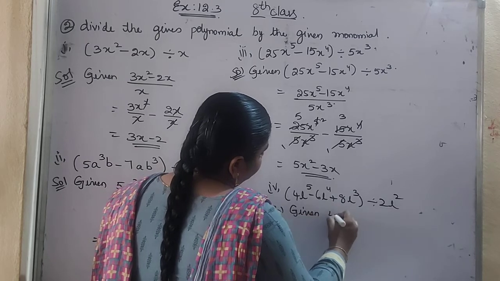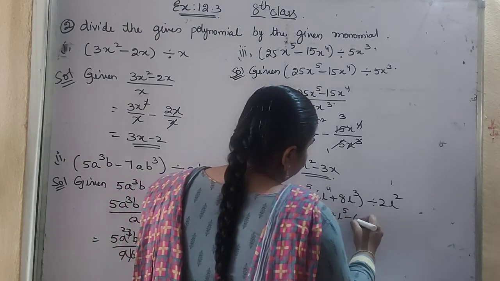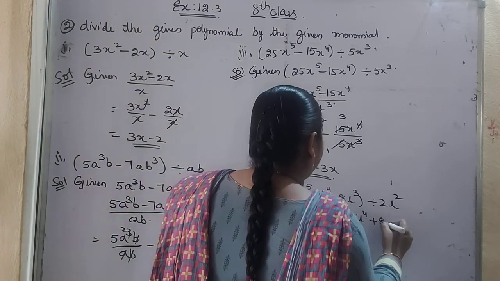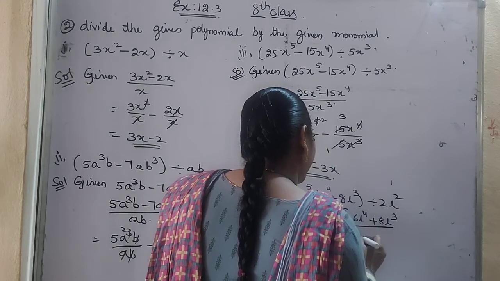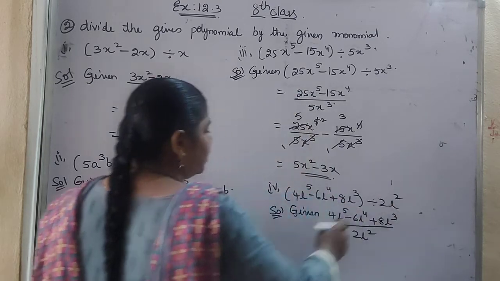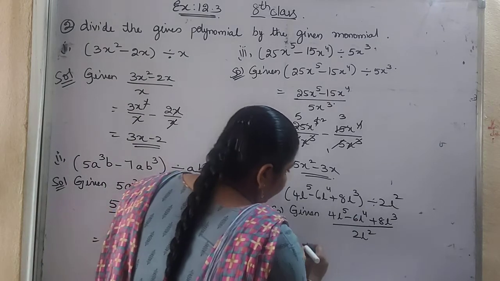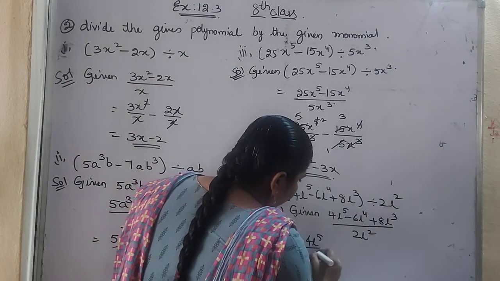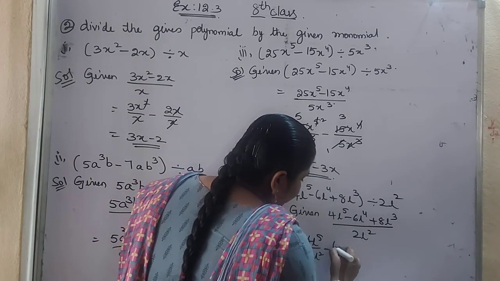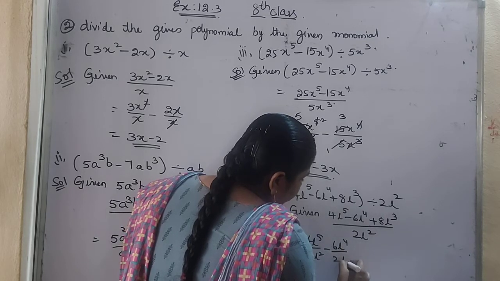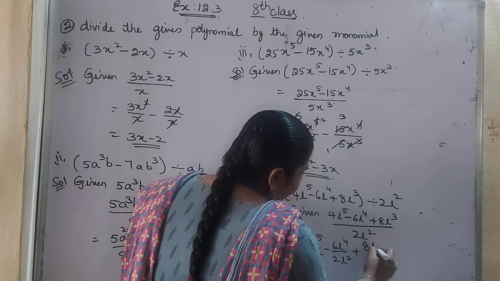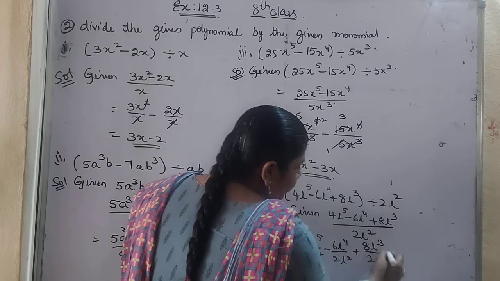So given 4l power 5 minus 6l power 4 plus 8l cube divided by 2l square. Split the terms individually. So it will be 4l power 5 by 2l square minus 6l power 4 by 2l square plus 8l cube by 2l square.